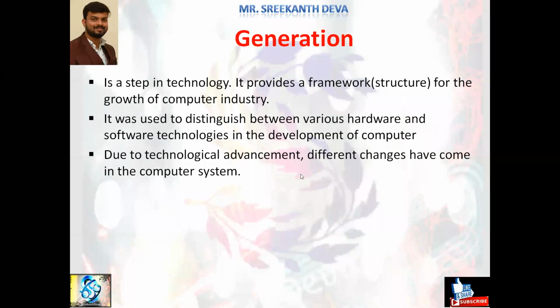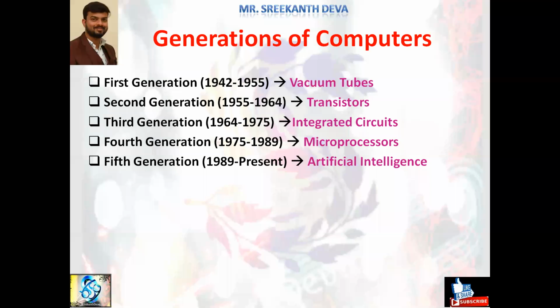Coming to the generations of computers, 5 generations are there. First generation computers came to the picture 1942 to 1955. Vacuum tubes are used in first generation computers. The second generation, 1955 to 1964 period, transistors are used.